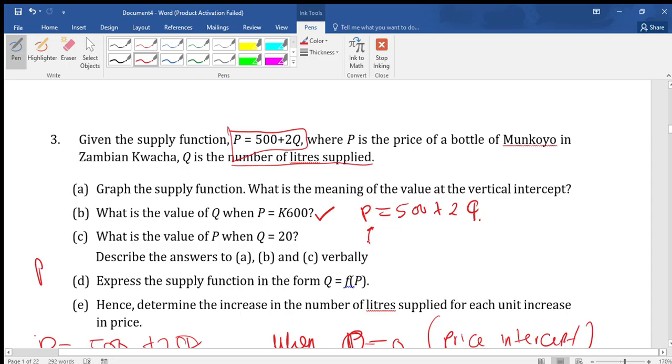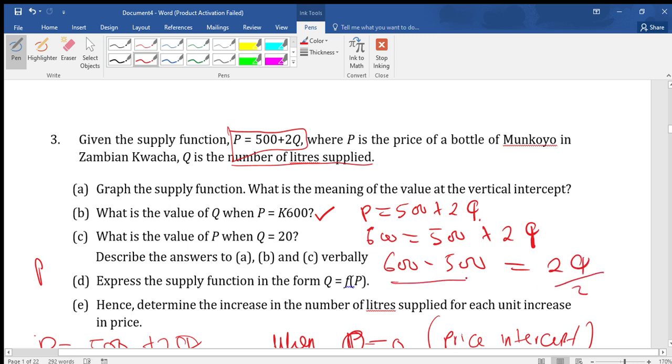So you replace: 600 equals 500 plus 2Q. This goes to the other side, becoming 600 minus 500 equals 2Q, over 2 over 2. So the value of Q will be 600 minus 500, that's 100, divided by 2, we are going to have 50 units. This is what we have for the second part, B.